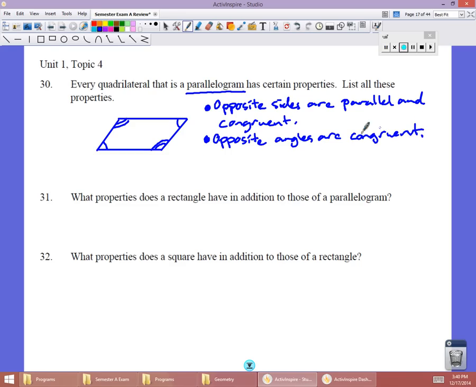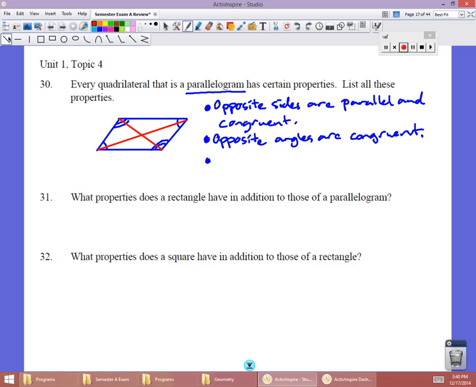Alright, the third thing that we want to mention talks about the diagonals. And so if we look at the diagonals, I'm going to pick a different color this time. If I draw the diagonals in here, just from looking at these, you can tell the diagonals are not the same. This diagonal is definitely shorter than that diagonal.